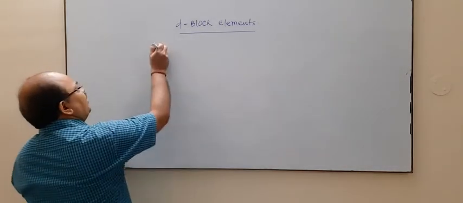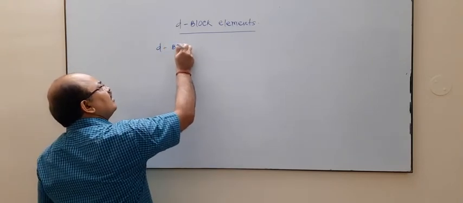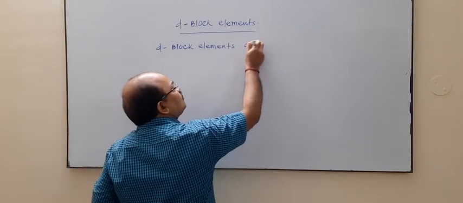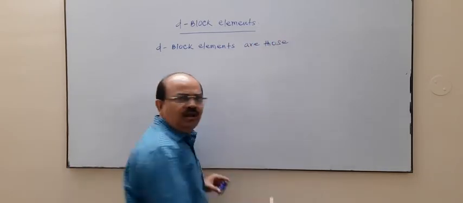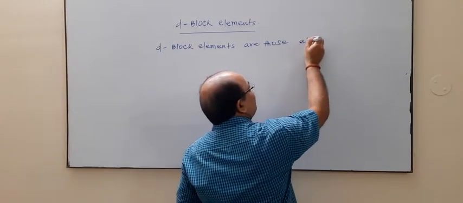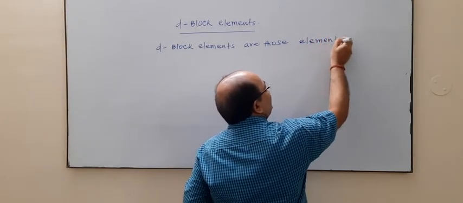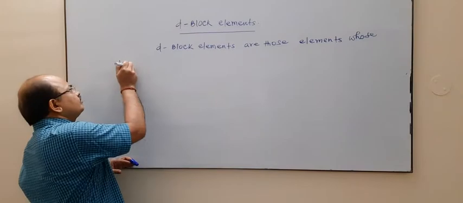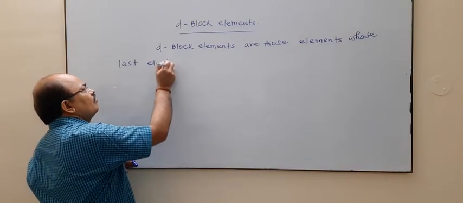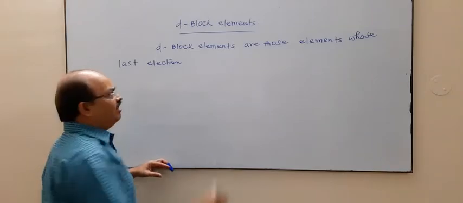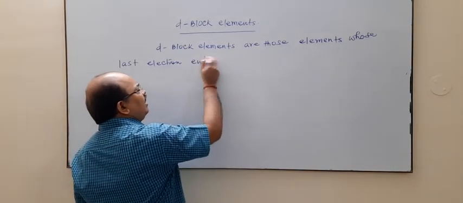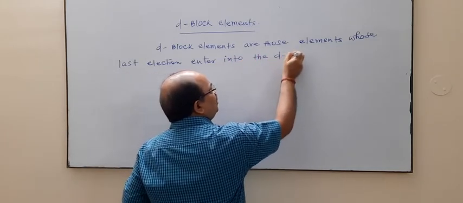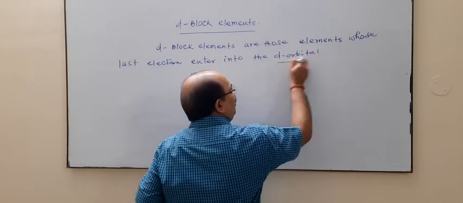So d block elements are those elements whose last electron enters into the d orbital.